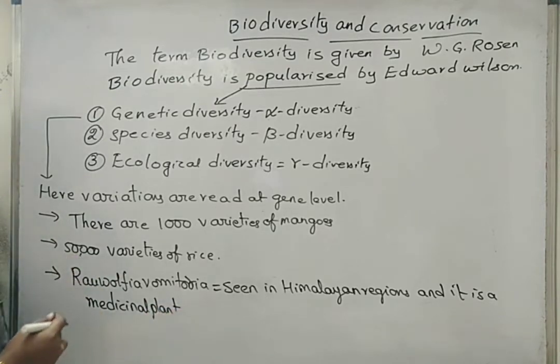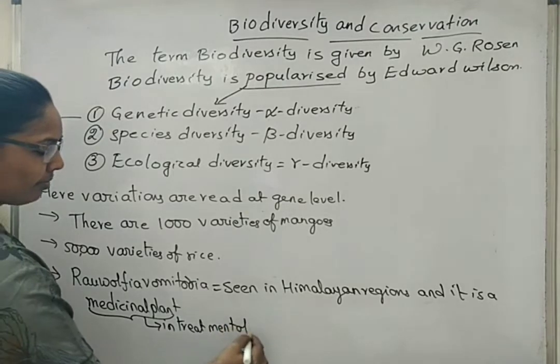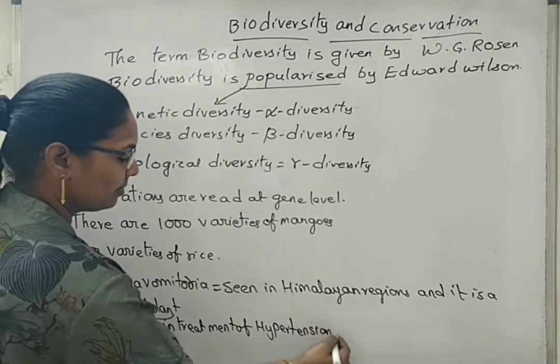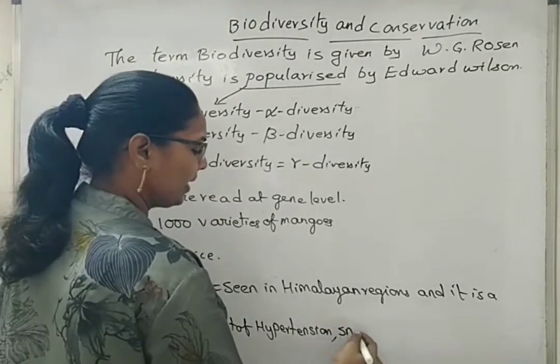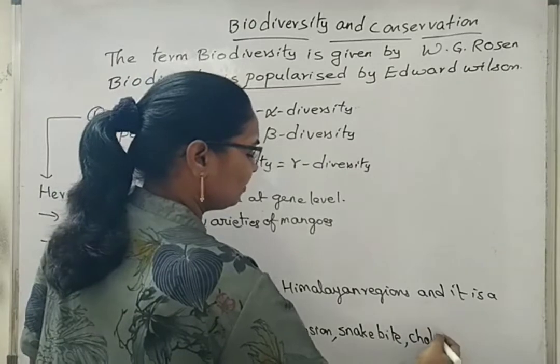Here we see how it is used in medicine. Different species of Rauwolfia are there, and these are majorly used in treatment of hypertension, also during snake bite and also during cholera.